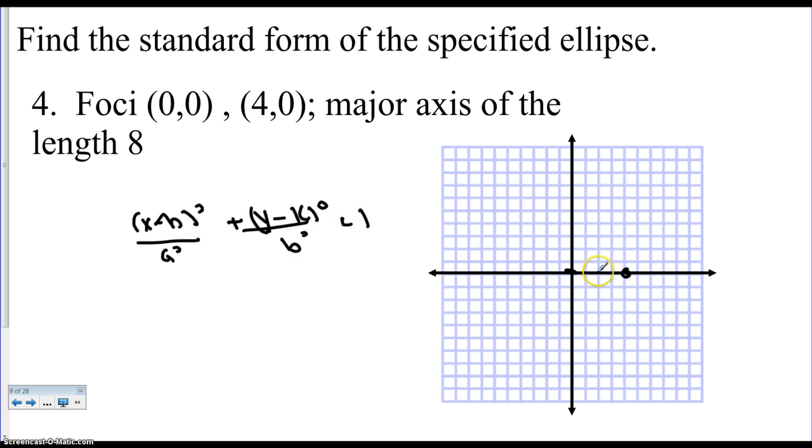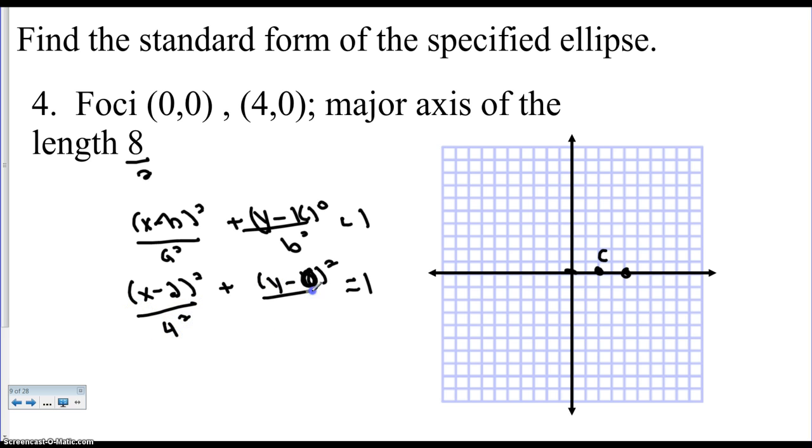Now my center is going to be in the middle still, so that's going to be 2, 0. So it's going to go x minus 2 squared plus y minus k, or y minus 0 squared equals 1. Now I just have to find out what a and b are. A is easy because it's half of my major axis, so in this case it's 8 over 2, so that's going to be 4 squared.